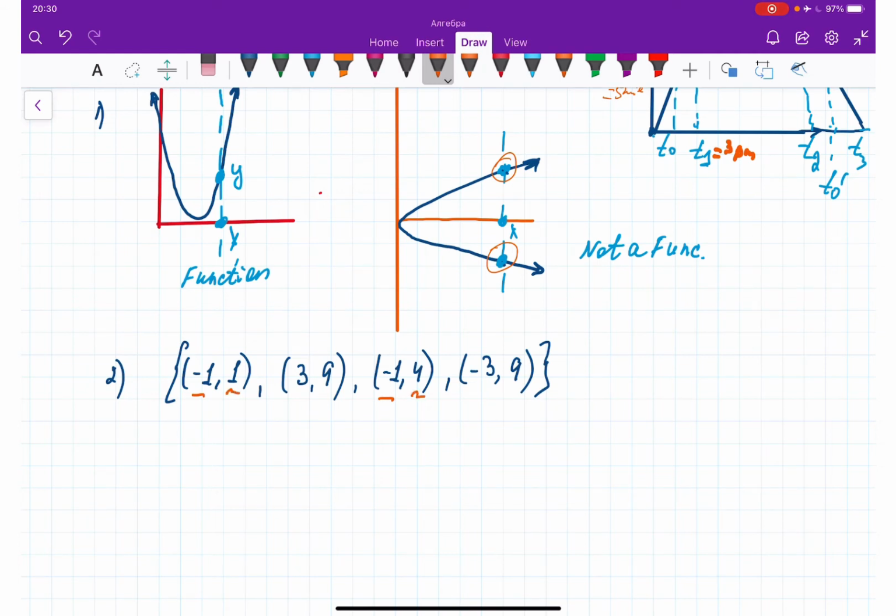This vertical line at -1 crosses at y equal 1 and y equal 4, right? So let's say our graph goes like that, which means it doesn't represent a function. Okay.